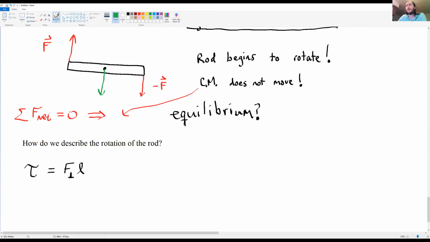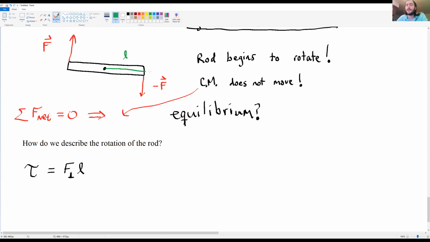Now, a lever arm is a distance that we measure from the center of mass to the location of the force. It doesn't necessarily have to be the distance from the center of mass to where the force is applied.